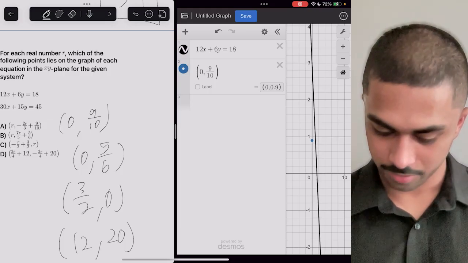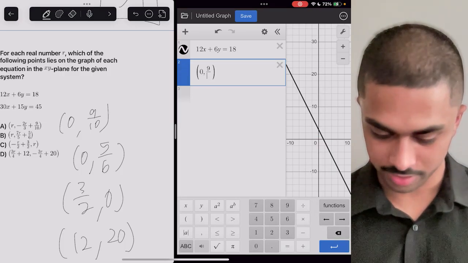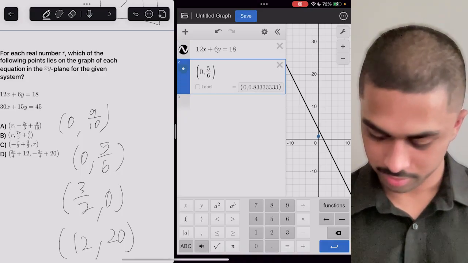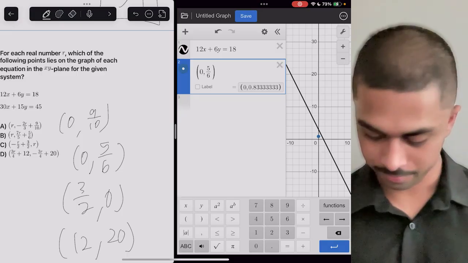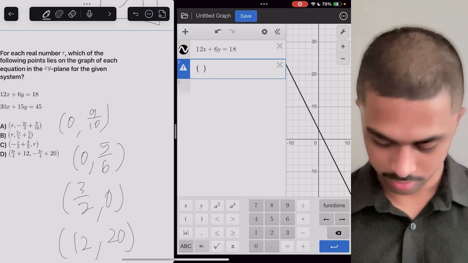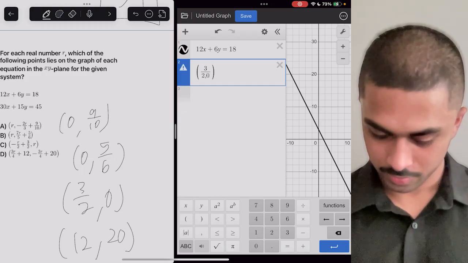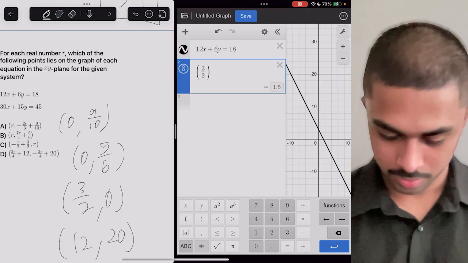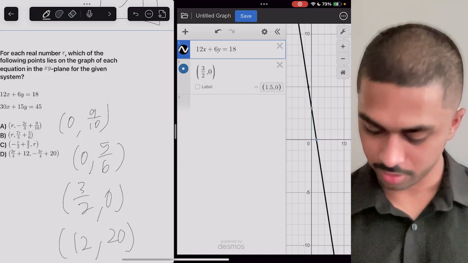So it's not an answer. Then the next one is 0, comma 5/6. See how this is also not on the line? Not an answer. Next one, 3/2, comma 0. Okay, this is on the line.